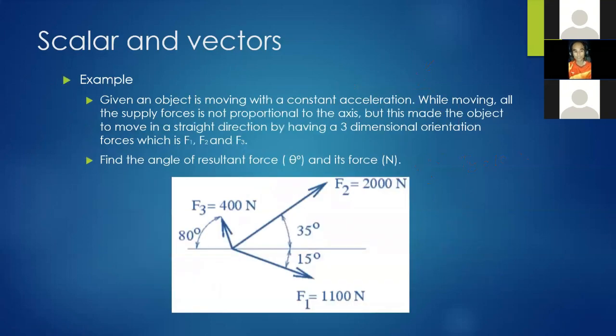Now, for example, over here, an object is moving with constant acceleration. Find the angle of the resultant force, angle theta, and its force. Let's say this is a chair, one person pulling this way with 400 Newton at 80 degrees. One person is pulling this way with 2000 Newton at 35 degrees to the horizontal.